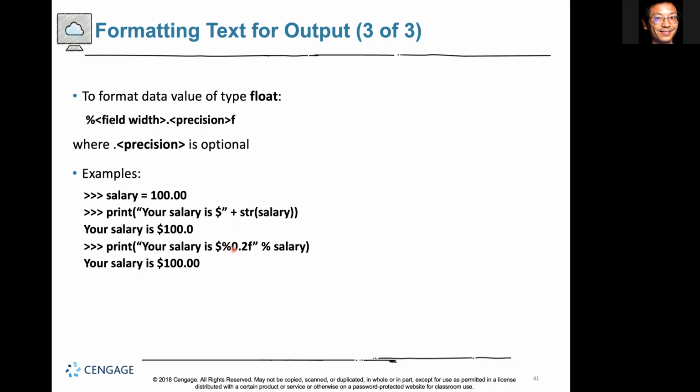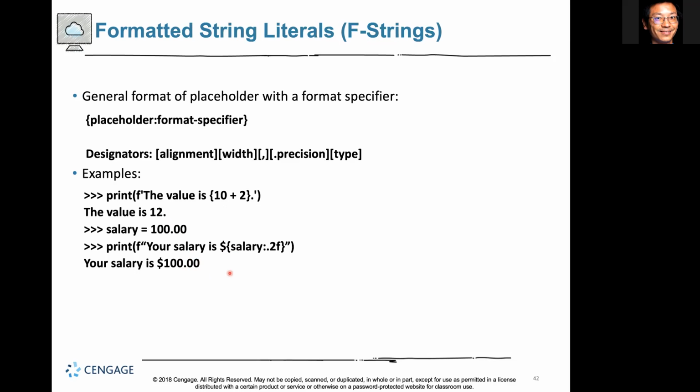I believe it's for padding, and if it needs padding, it will be using 0. So if this were 100, then you can pad this with a 0 after the decimal point. That's typically what that means.